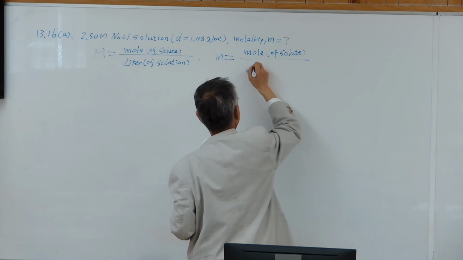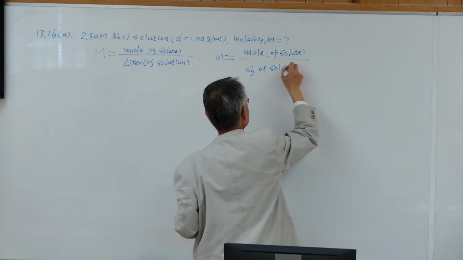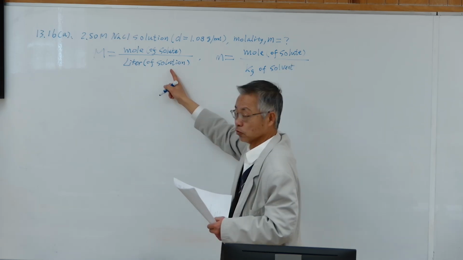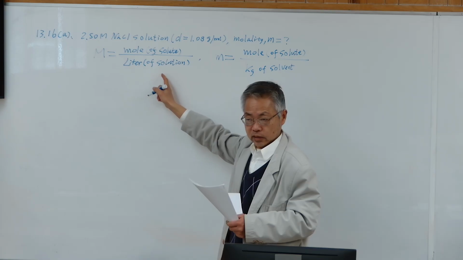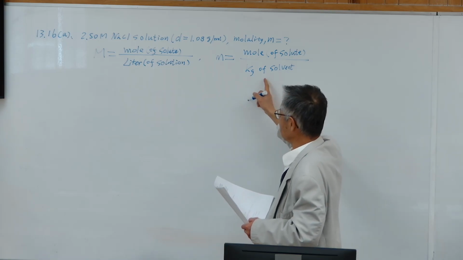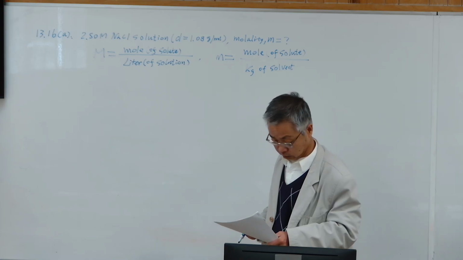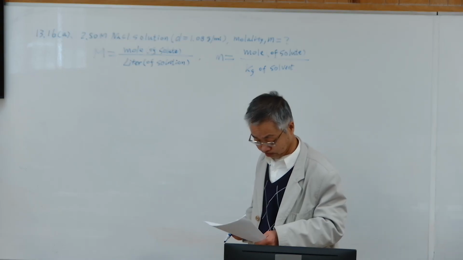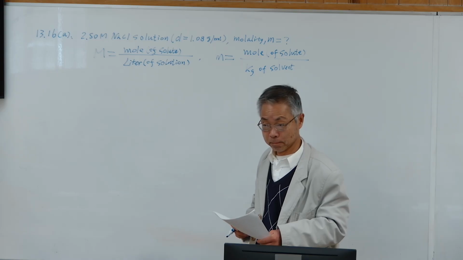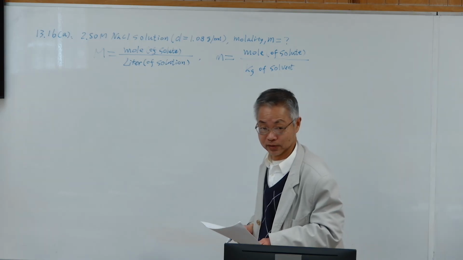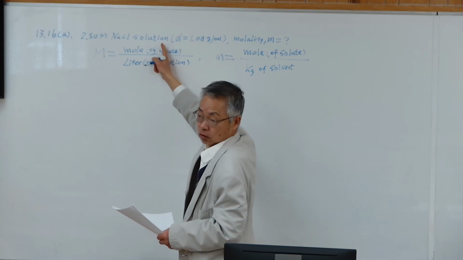Divided by kilogram of solvent. So the difference is the denominator. Molarity is divided by liter of solution. Molality is divided by kilogram of solvent. Again, the numerator is exactly the same.